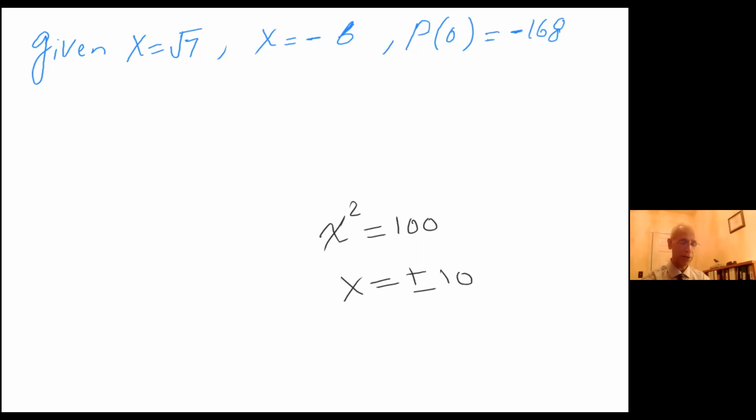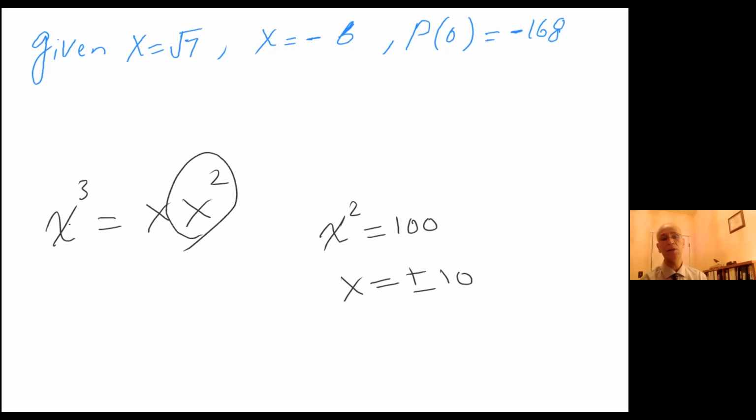A cubic function is, so x cubed is x times x to the second. So a p of x of third degree does contain in it a quadratic. And so in this case, if x equals root 7, then x must also equal negative square root of 7. They always come in conjugate.